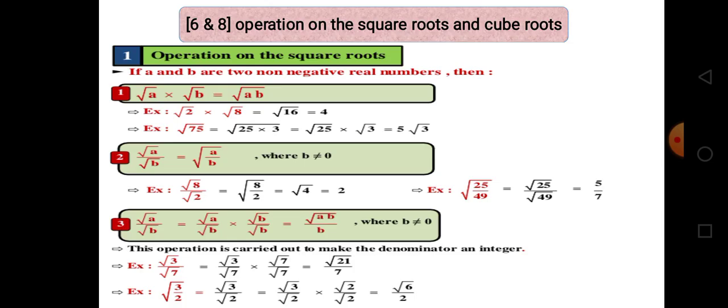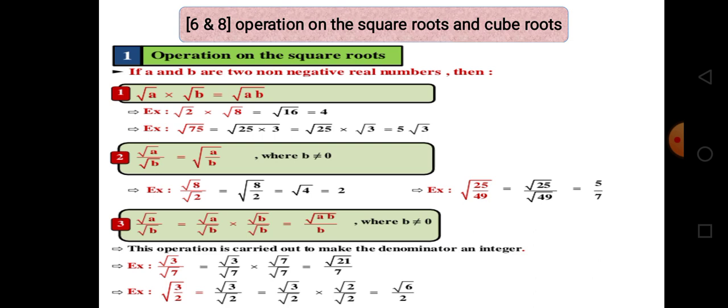We didn't change anything here because root b over root b equal 1. Okay? So root a times root b equal root ab. Look at the bottom. Root b multiply root b equal, of course, b. So root a over root b became what? Root ab over b, where b not equal to 0.